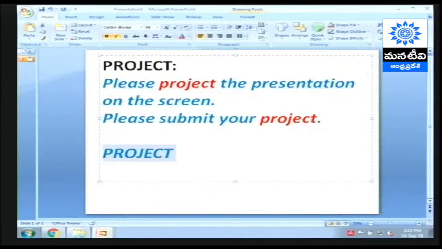This is the word, but I need to stress on the second syllable. There are 2 syllables, right? But I need to stress on the second syllable. When I do that, it means it's a verb. Now that's a rule of pronunciation.